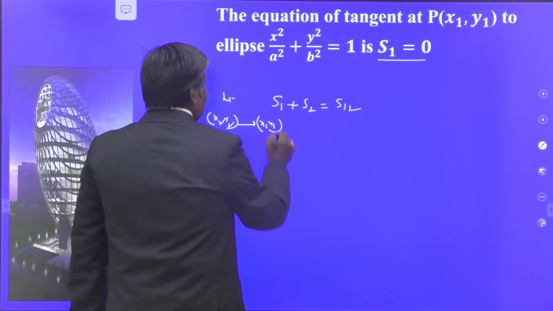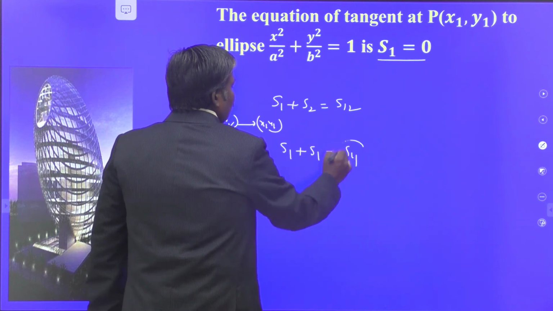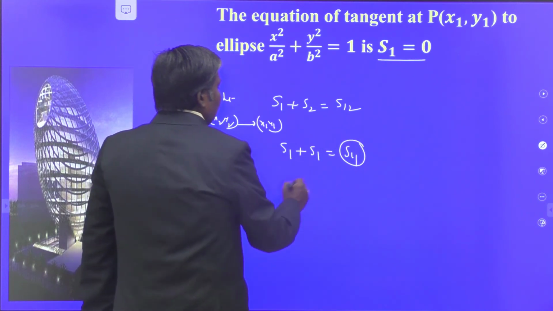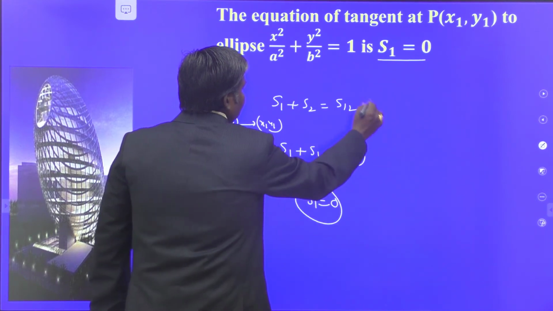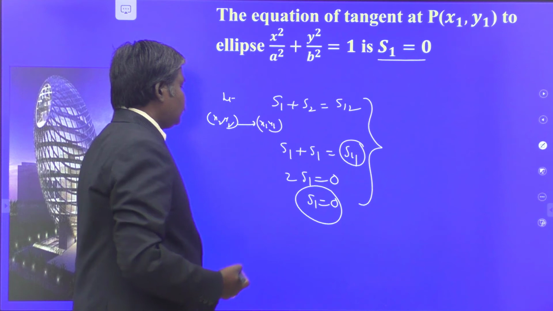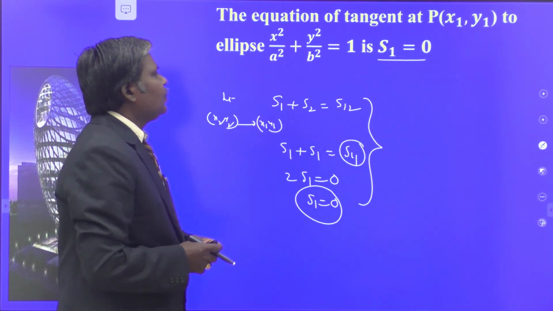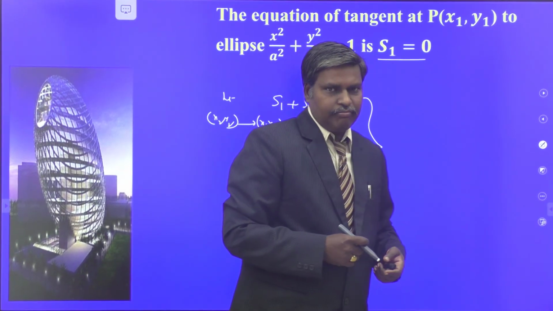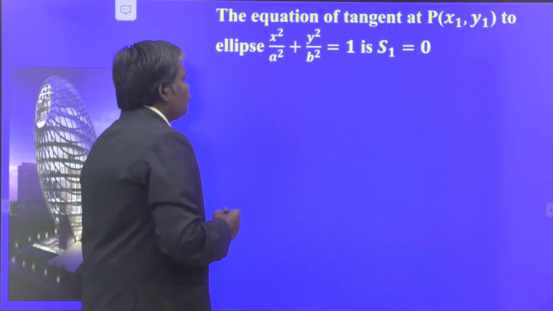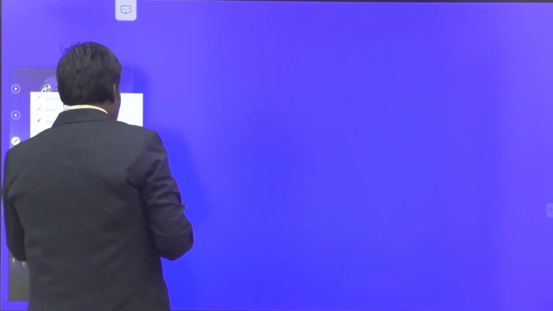That means S2 becomes S1 and S12 becomes S11. Since the point is on the ellipse, S11 becomes 0, so 2 S1 equal to 0, S1 equal to 0. Same we have done in the parabola. S1 equal to 0 is the equation of the tangent at P (x1, y1) to the ellipse. So the tangent at (x1, y1) to the ellipse is S1 equal to 0.